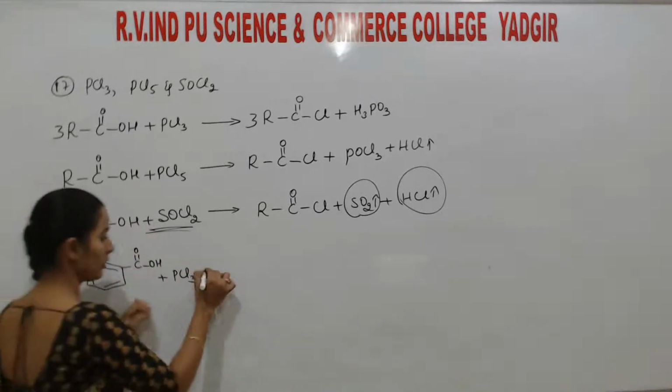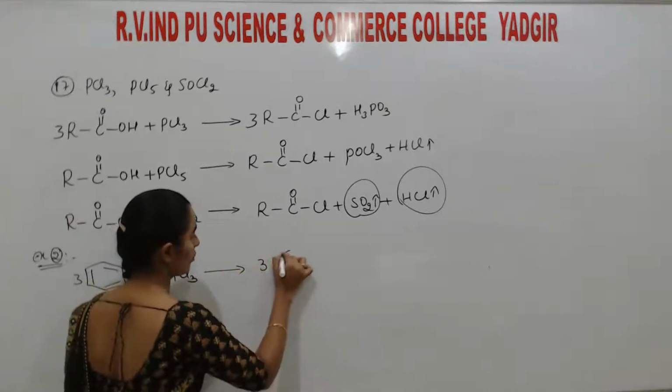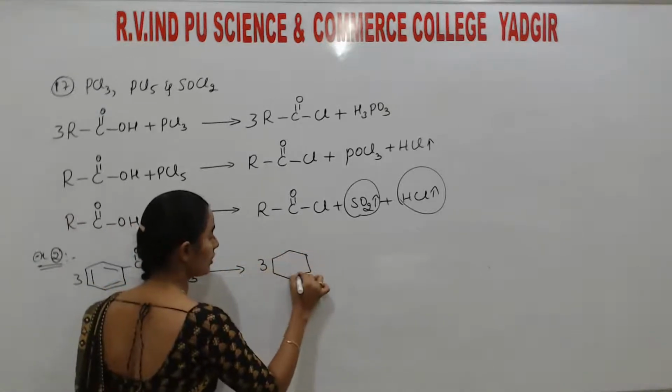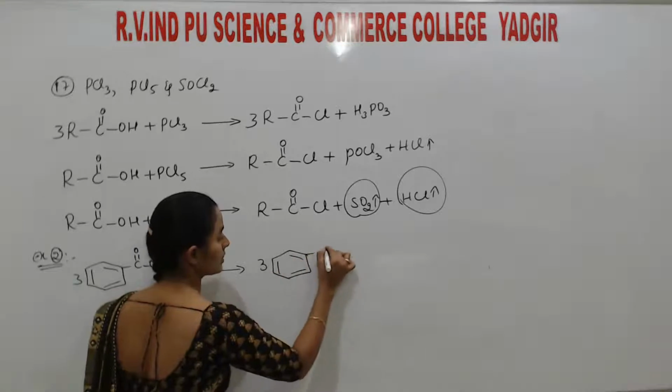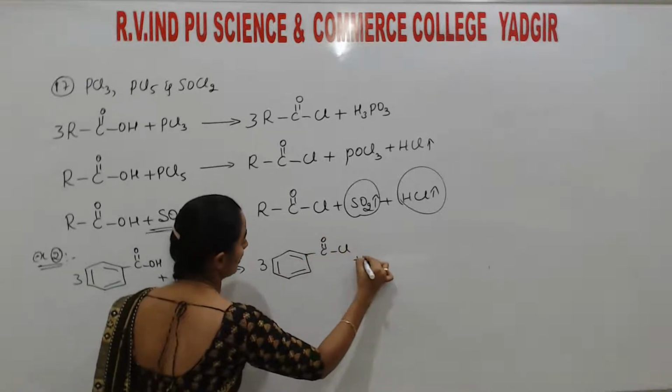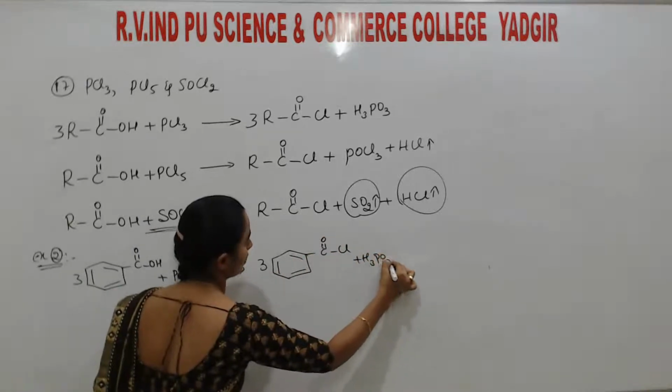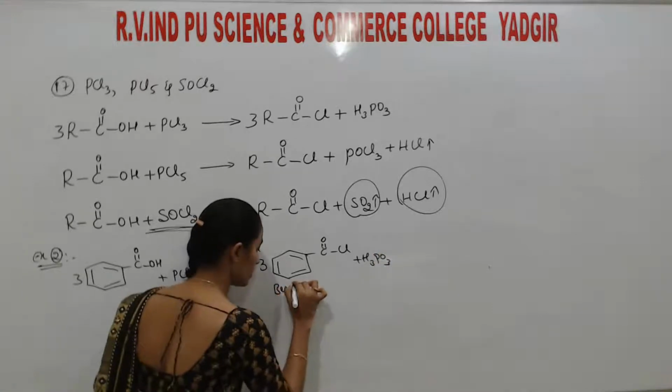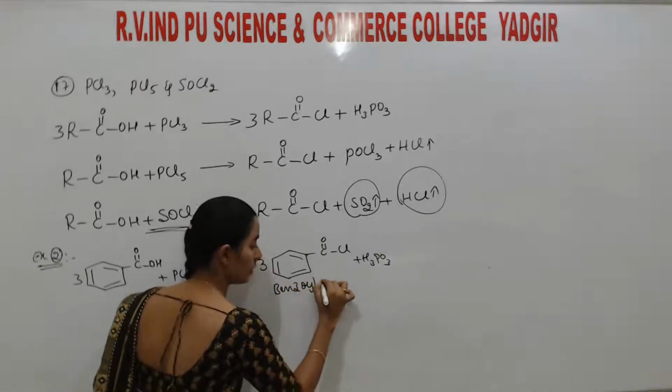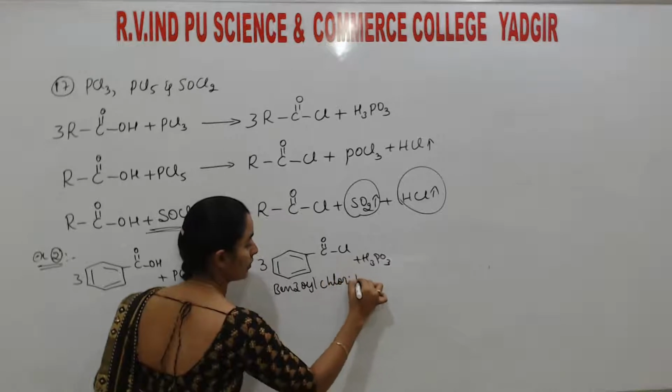No doubt this is 3 moles, gives 3 moles of benzoyl chloride, plus H3PO3. So students, this one is benzoyl chloride.